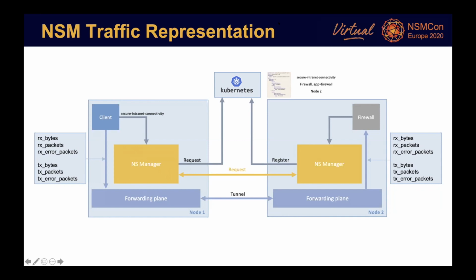We also have RX and TX error packets, which are actually the dropped packets in that communication. This is good, but you may ask how you can actually observe those and see what's going on with your connection, what fails to be received.